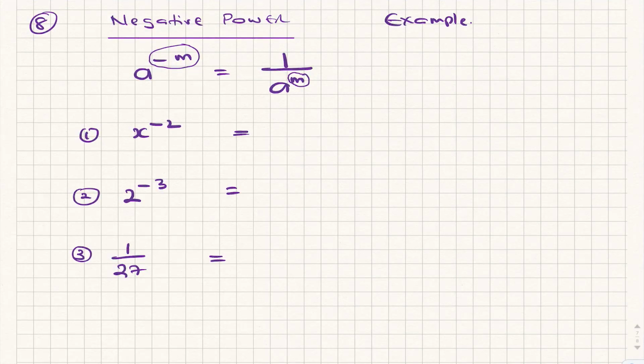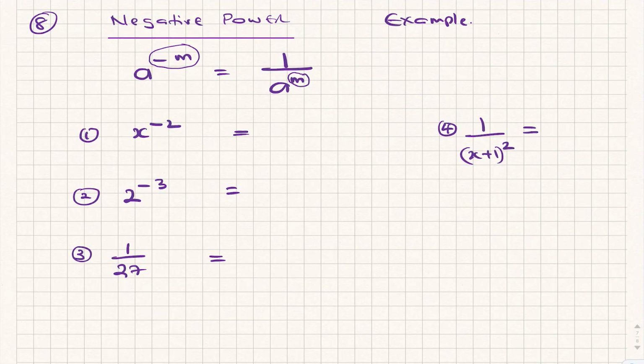How could we write that? Question number 4: if we have 1 over (x plus 1) squared, how could we write that? What about question number 5?